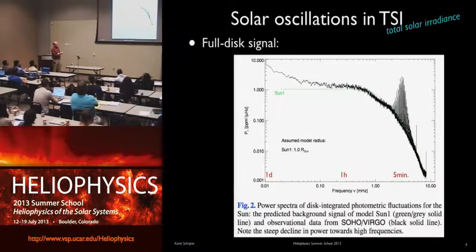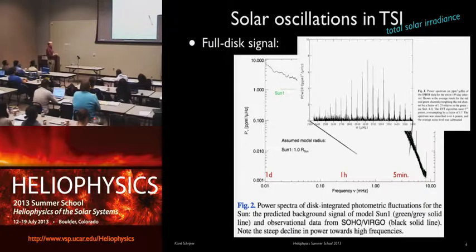And as you go towards longer time scales, there's still a lot of power in the irradiance. You can actually see in a star like the sun the noise generated by the granular motions, even if there's no way you can ever resolve the granules in a telescope. And as you go towards longer and longer periods, that spectrum continues to go up. I'm going to just zoom into this.